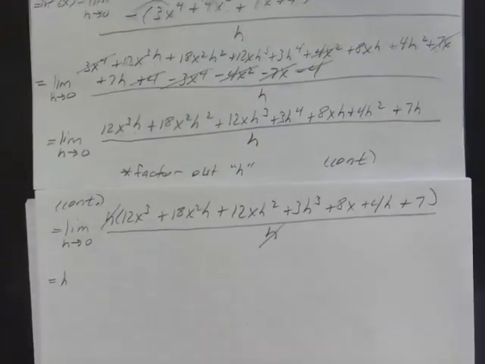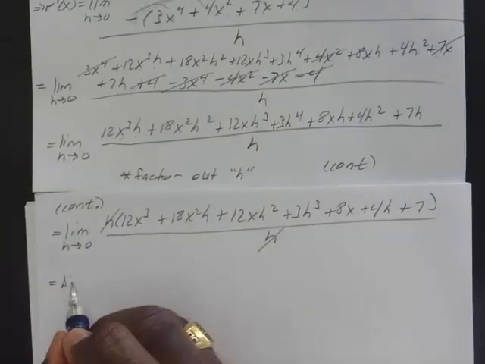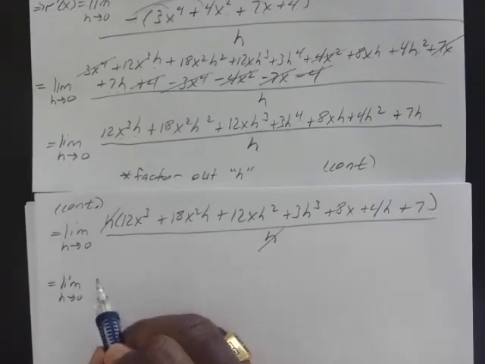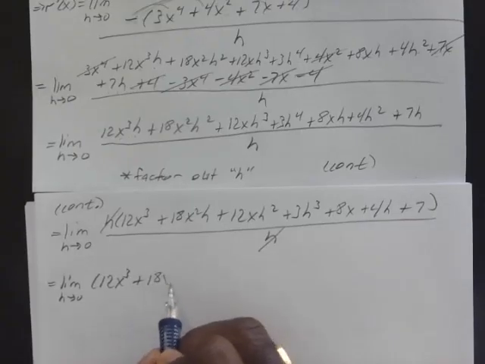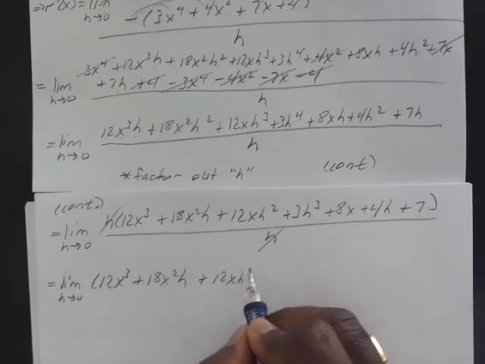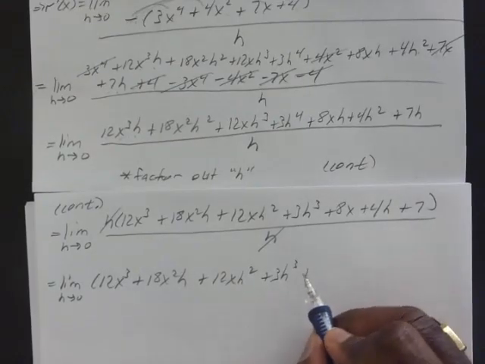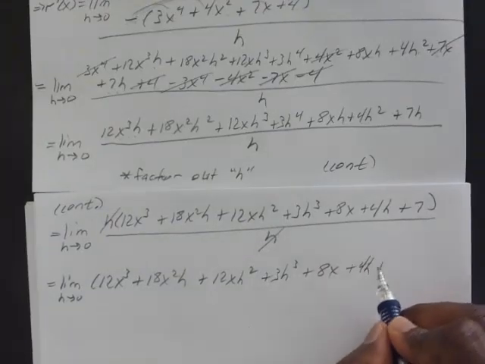So we can see that the limit as h approaches 0 of 12x to the third plus 18x squared h plus 12x h squared plus 3h to the third plus 8x plus 4h plus 7.